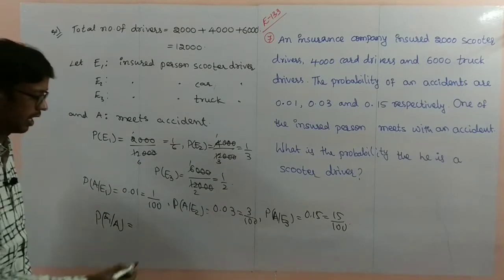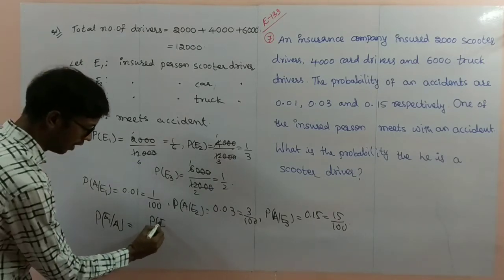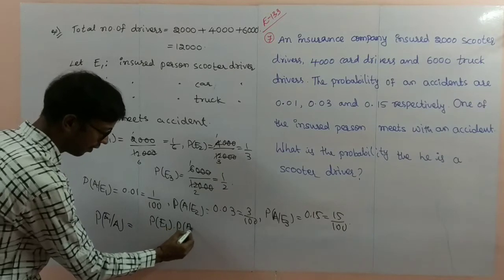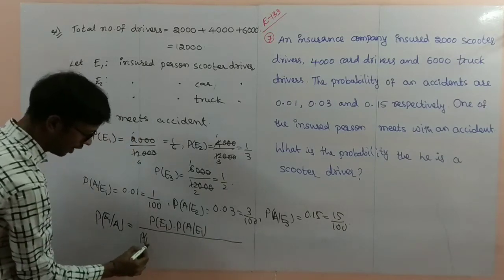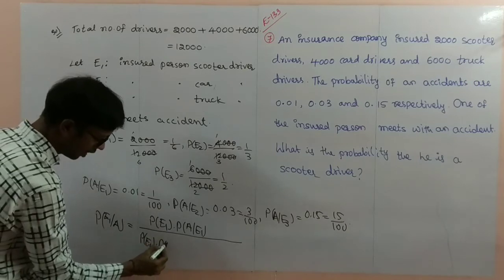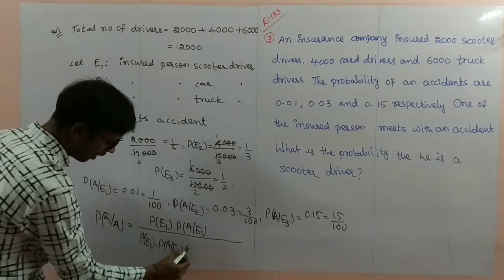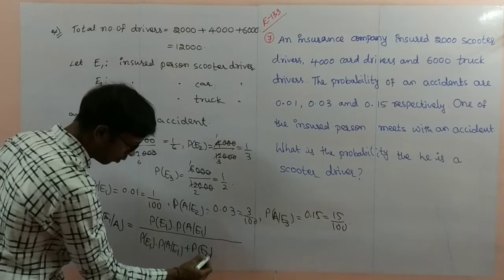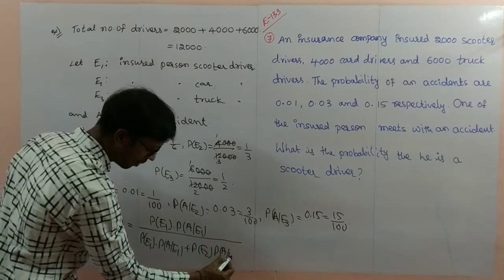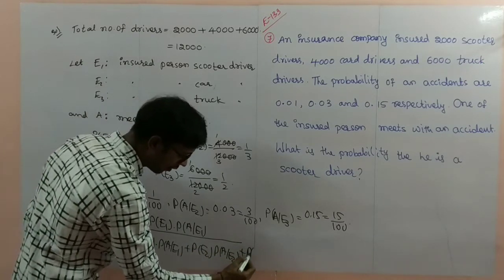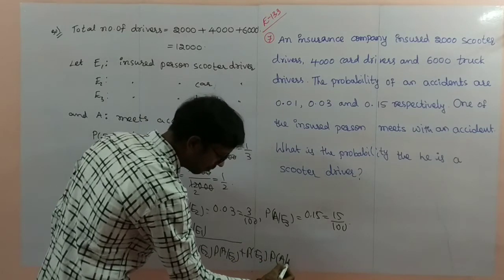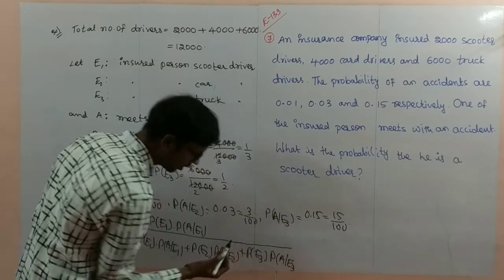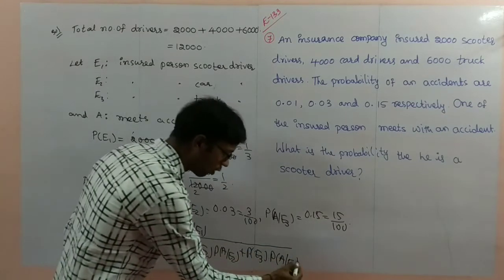So probability of E1 by A is probability of E1 into probability of A by E1, divided by probability of E1 into probability of A by E1 plus probability of E2 into probability of A by E2, plus probability of E3 into probability of A by E3. Total 3 is there, up to 3 we have to write here.